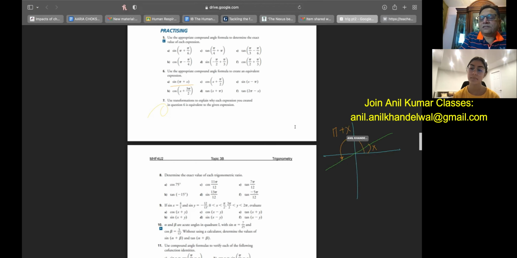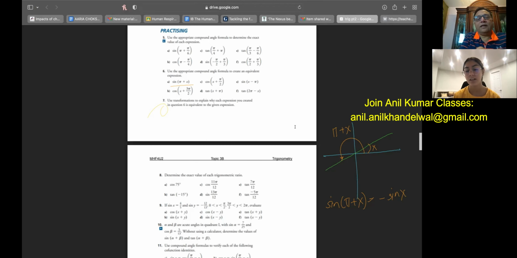So what is sine pi plus x equal to? You are in quadrant 3, so it is negative sine x, correct?